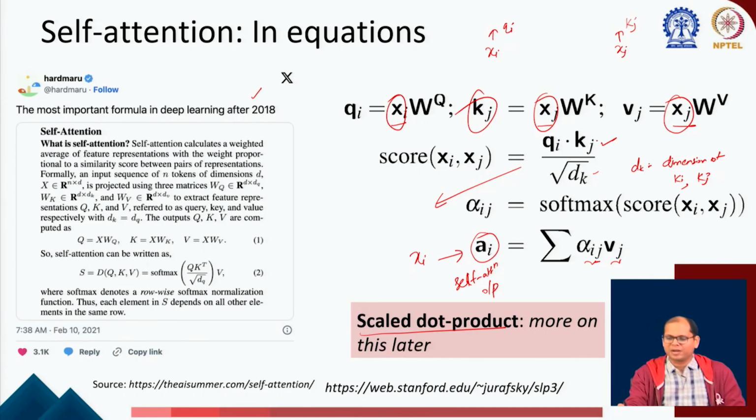So this is how we compute the score for each word given the ith word, and then once I have computed all the scores for all the jth words, I do a softmax. This gives me alpha ij. So this will give me a score for all the words in the sequence, including the ith word itself, from the first word to the nth word. I get a score for each word. It's like a probability distribution, and then I take a weighted average of their corresponding values.